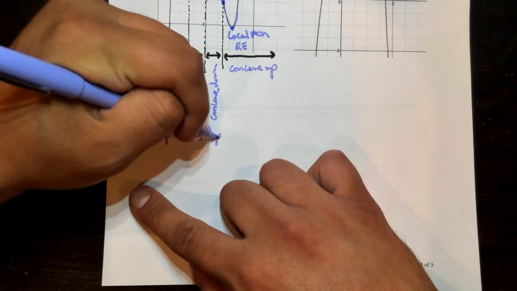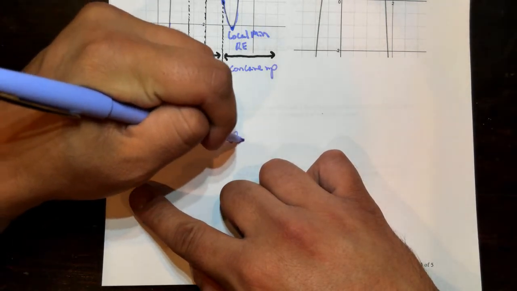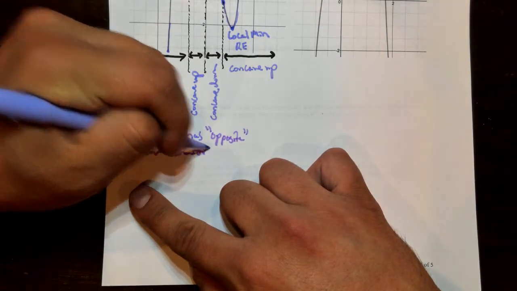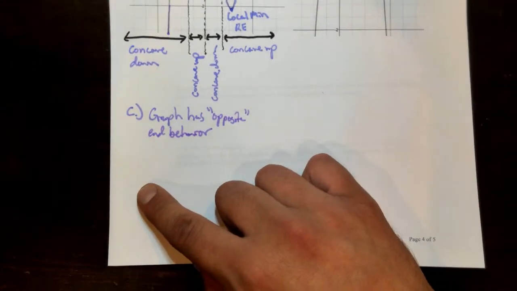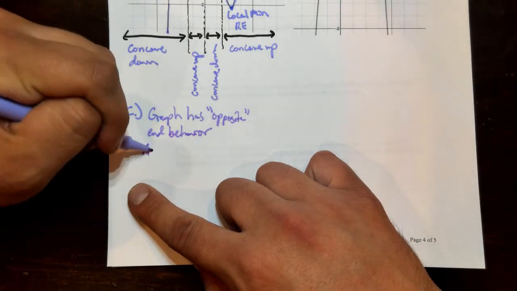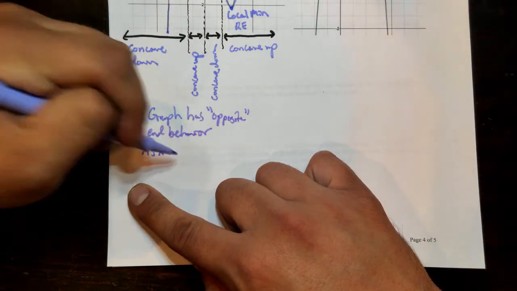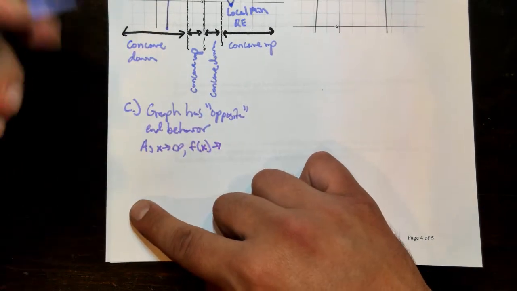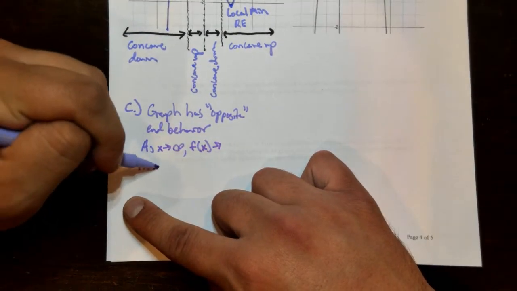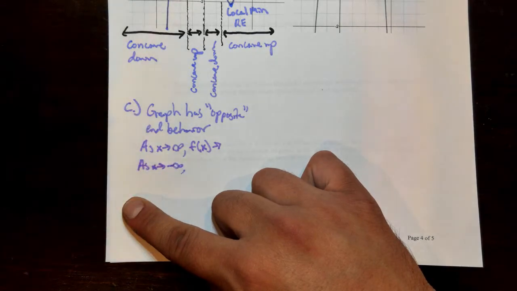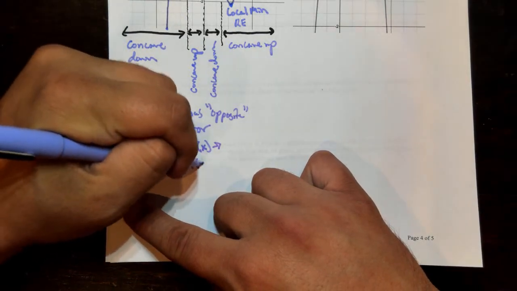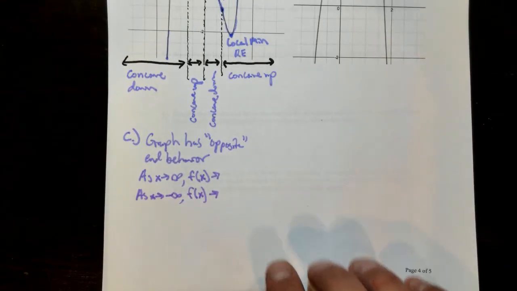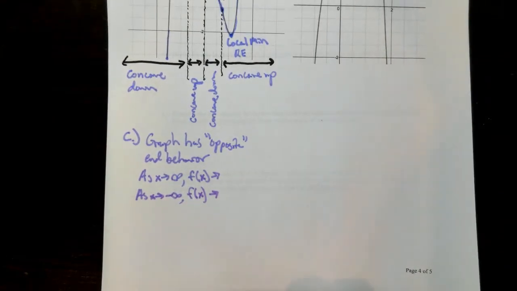And we would write that as, if you remember these two statements, as x approaches infinity, f of x approaches something, and as x approaches negative infinity, or as we go to the left, f of x or y approaches something. And in polynomials, it'll always either be positive or negative infinity.